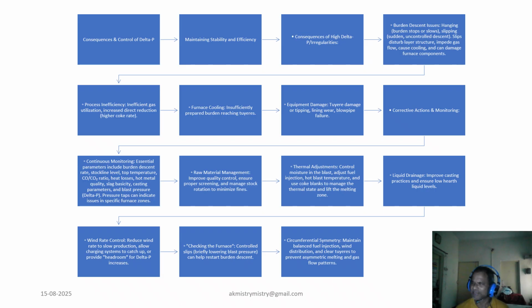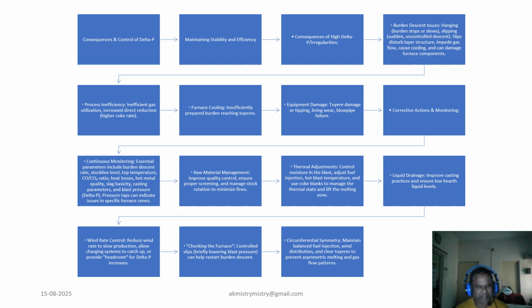We see hanging, slipping, poor reduction, and even equipment damage as consequences. But we can control it through monitoring, better raw material, thermal adjustments, liquid drainage, and wind rate control.